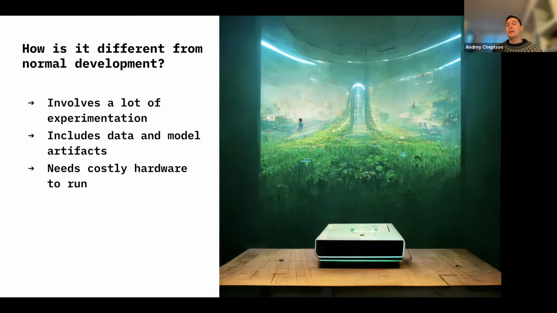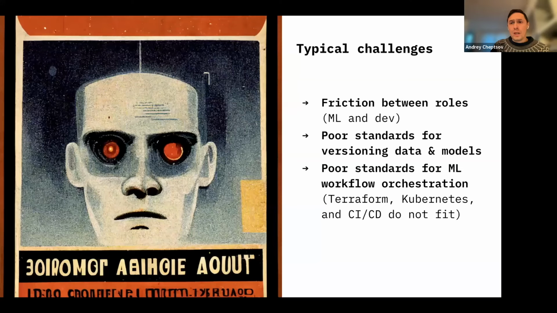And finally, ML workflows require very costly hardware, which you don't always have locally, meaning you have to provision that hardware, and that also adds complexity in ML compared to traditional development. These differences actually create quite a few challenges.